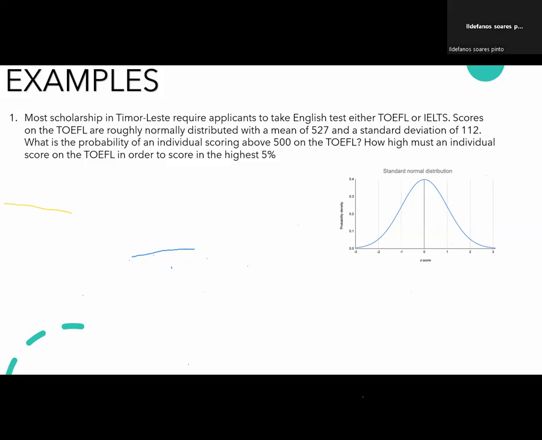Scores on the TOEFL are normally distributed with a mean of 527 and a standard deviation of 112. What is the probability of an individual scoring above 500 on the TOEFL? How high must an individual score on the TOEFL in order to score in the highest 5%?